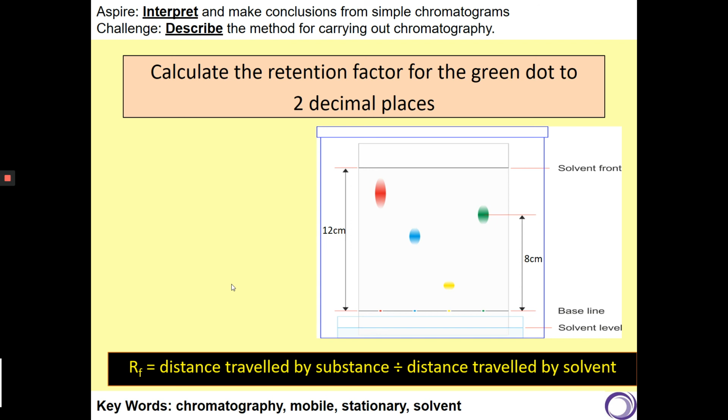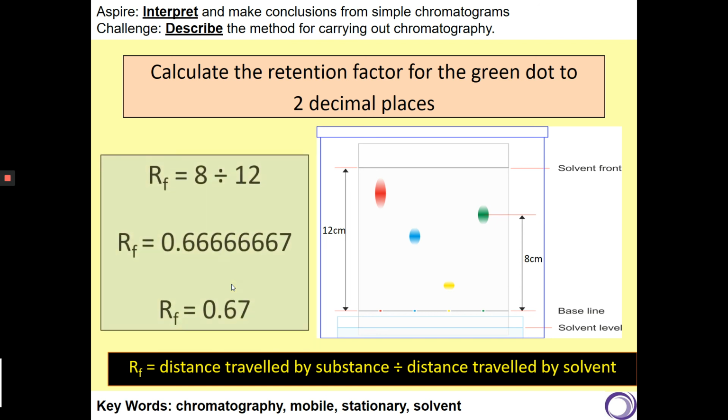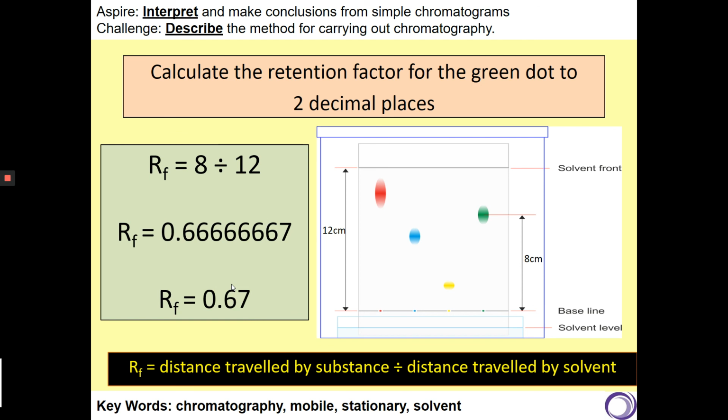Okay, how did you get on then? So, in this case, the RF value would be the distance travelled by the substance, 8 centimetres, the green dot had travelled 8 centimetres, divided by the distance travelled by the solvent, 12 centimetres. When we divide these numbers, we get an answer of 0.666 recurring.